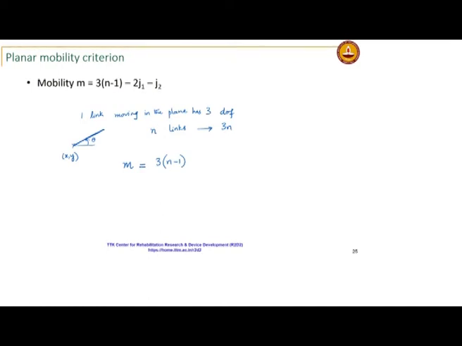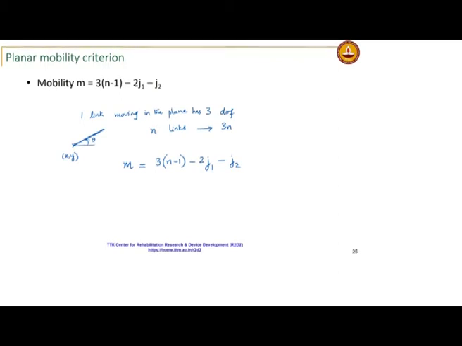Now, for every single degree of freedom joint that I add to the mechanism, I am taking away 2 degrees of freedom, because the joint will only allow 1 degree of freedom. So, that is how I get the 2J1 term for single degree of freedom joints. And then if I add some 2 degree of freedom joints, like say a cam joint, that will take away only 1 degree of freedom, because the cam joint allows 2 degrees of freedom.